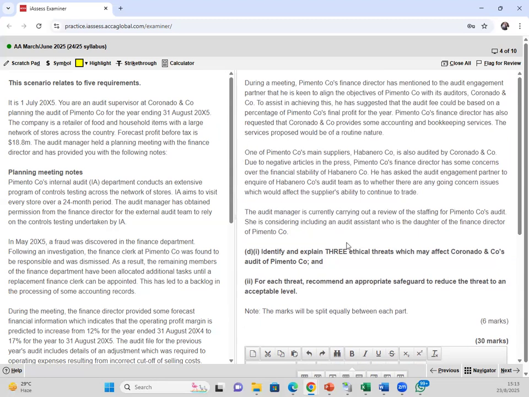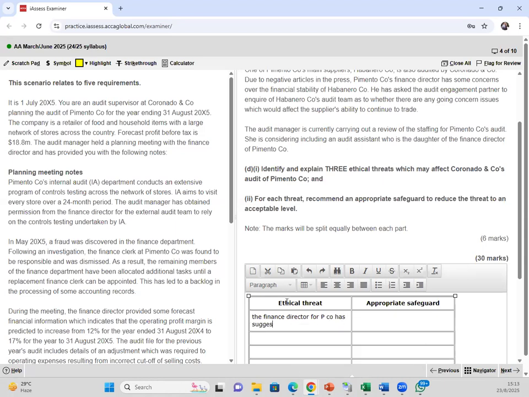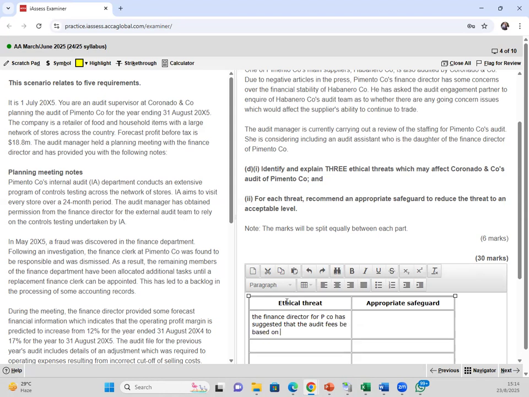So you can say the finance director for P company has suggested that the audit fee be based on the profit for the year.